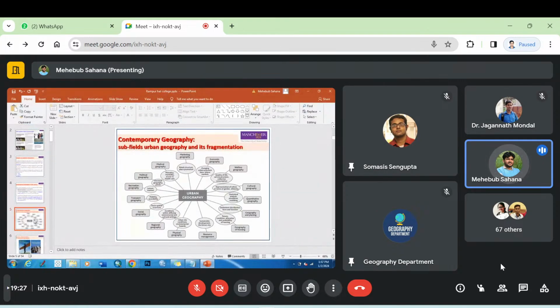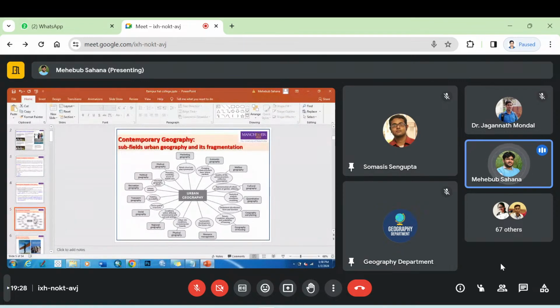Now, contemporary geography subfields: urban geography, its fragmentation, and how it associates with other subdisciplines and sub-areas of geography. Here is a picture: urban geography has some fragments, quality of life, service provision. It is a subdiscipline, with its fragments, and it is associated with other disciplines in geography.